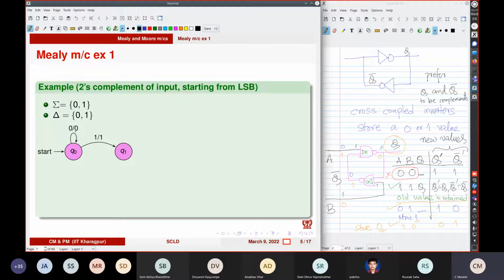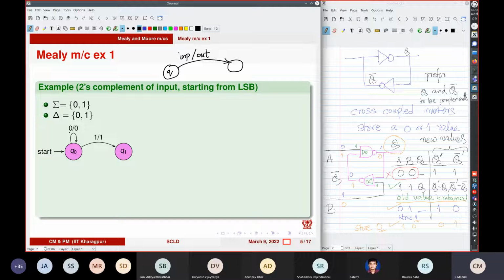So here we are starting from the LSB. The initial run of zeros, so the representation is of this form. So this is a state. This is the input and this is the representation. So this is your input and this is your output.